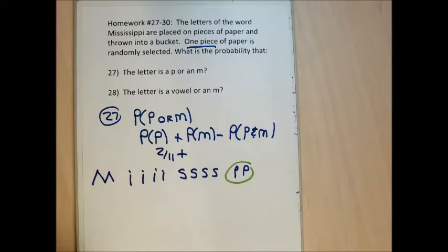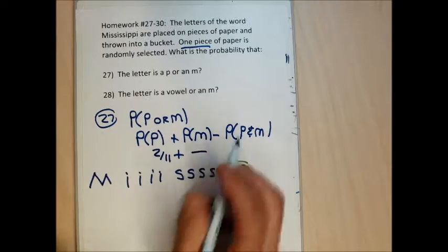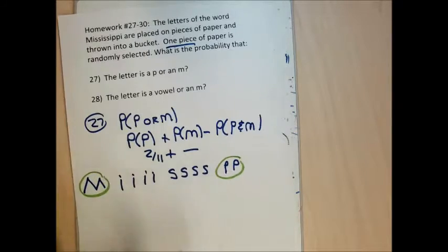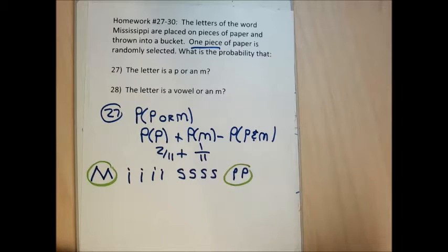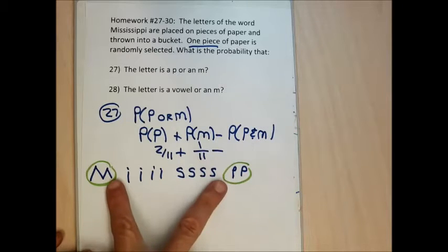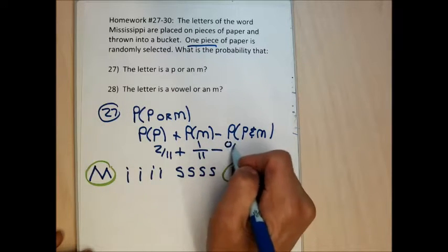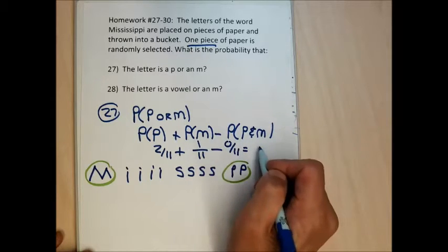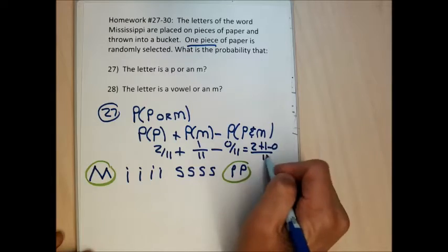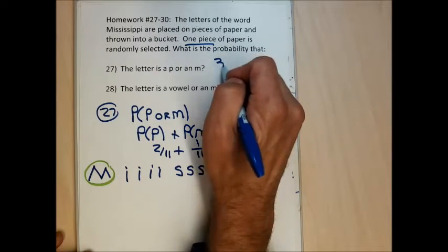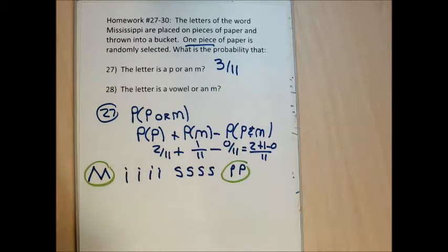For the numerator of the next fraction, the probability of getting an M, it's going to have a 1 in the numerator because one of the 11 letters is an M. The next fraction is going to have a 0 in the numerator because I haven't circled anything twice. These are mutually exclusive events. And when I add these together, I get 2 plus 1 minus 0 over 11. My answer to problem 27 is going to be 3 over 11.